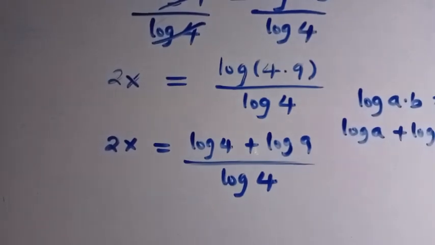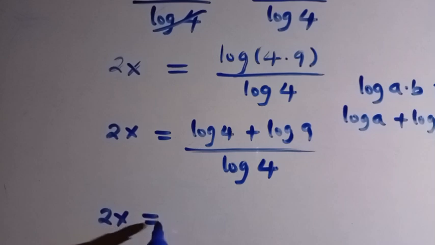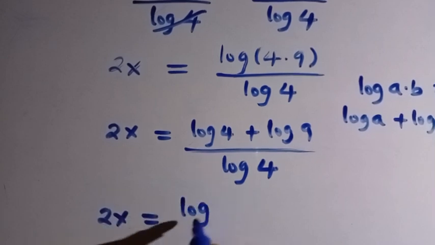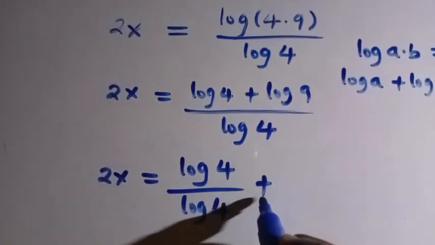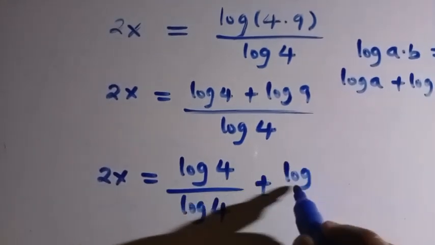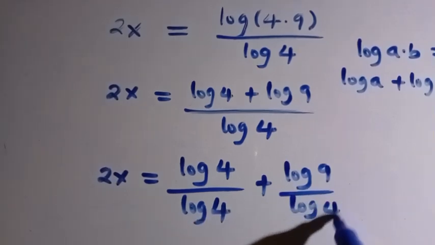After having this, we can separate this as 2x equals log 4 divided by log 4 plus log 9 divided by log 4.